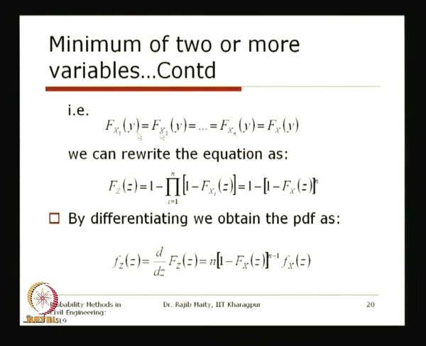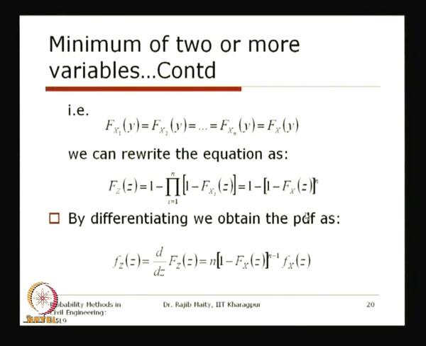That is Fx for all the individual random variables x1, x2 up to xn. So finally we can write that the CDF of z, which is the minimum of all these random variables xi, equals 1 minus Fx(z) to the power n.